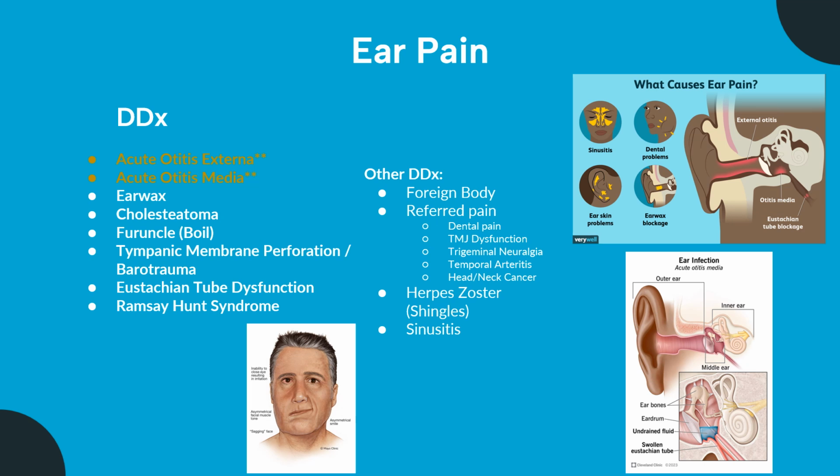That's why otoscopy is really important. Different kinds of referred pain, shingles, which we talked a little bit about earlier, as well as sinusitis. So it's important to understand that while ear pain can be caused by a direct problem with your ear, it can also be a referred pain or related to another infectious process. So it's important to keep a wide berth of your differentials that you're excluding.